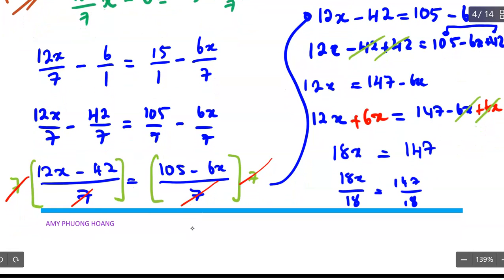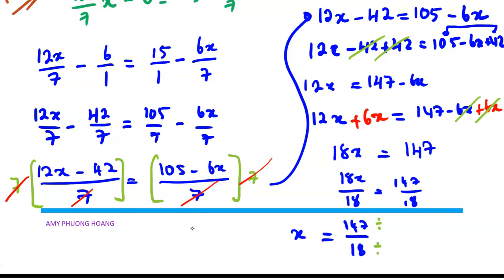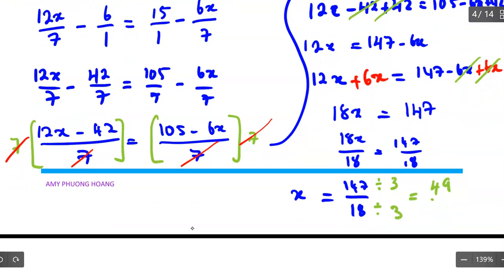So x is equal to 147 divided by 18, but I simplify by reducing the fraction to lowest terms. I divide the top and the bottom by 3. So I should have 49 as the numerator and 6 as the denominator. Therefore, I still have x equal to 49 over 6.